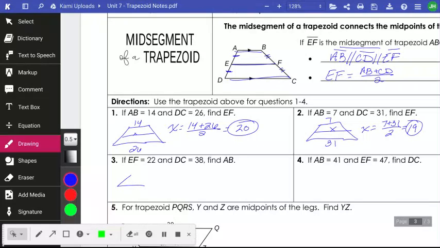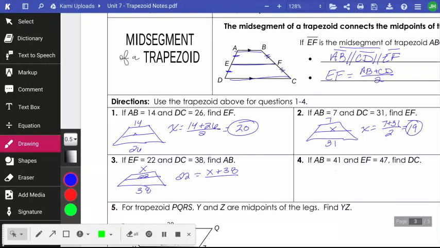I now have EF, which is this, as 22, and DC, which is the bottom, as 38, and I am missing this measurement here. I know that the mid-segment, which in this case is 22, is the average of my bases.